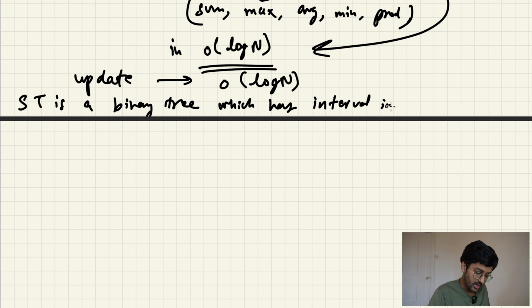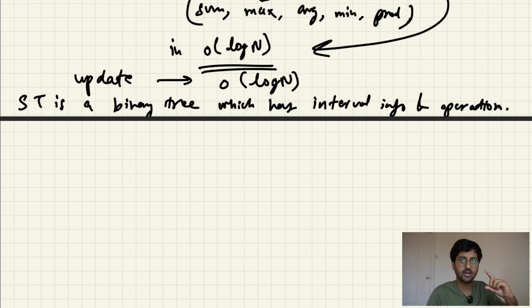So the interval info can be index number 2 and 6, and the operation we are performing is, let's say, sum. So with both of these pieces of information combined, what do we get? The sum of the interval from 2 to 7, or 2 to 5, or whatever the indices were.